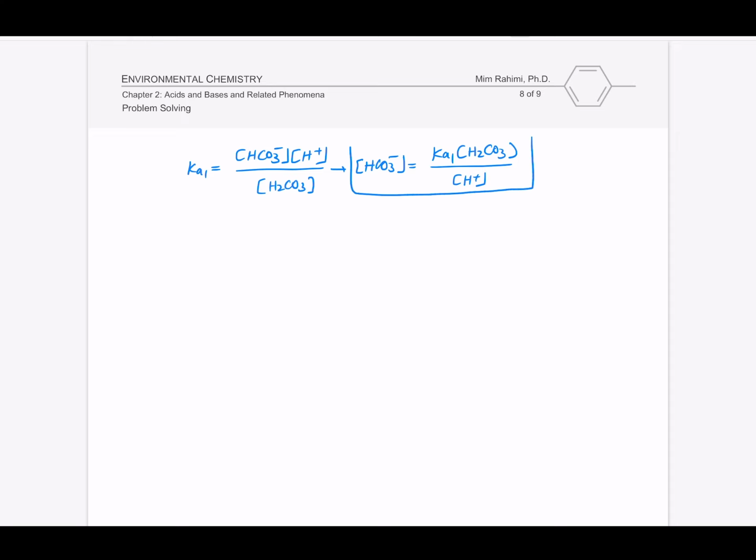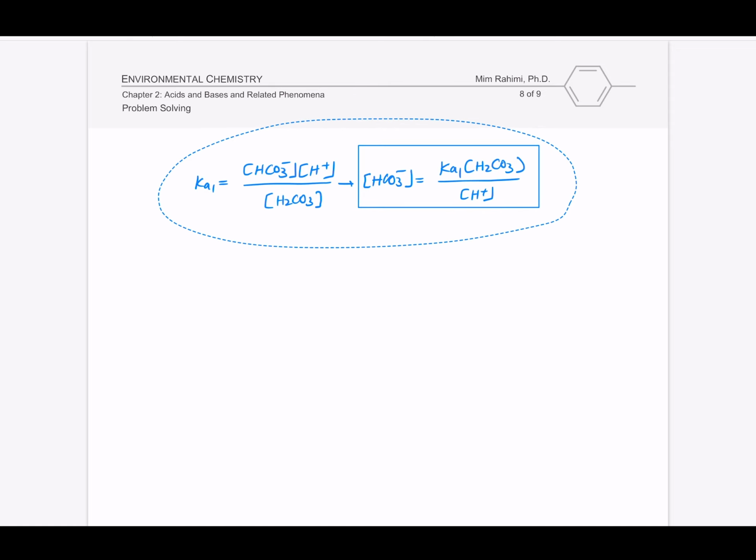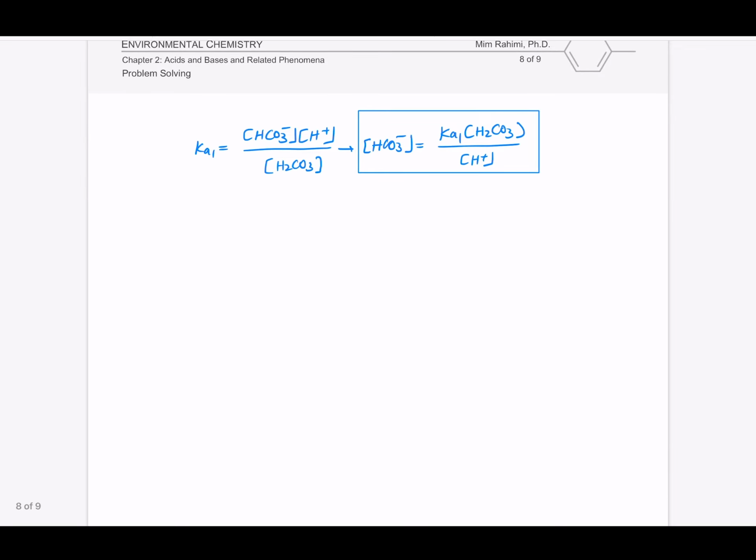If you want to make it more involved, you can expand this H2CO3 to the partial pressure, but up to here it would be enough. The second one would be Ka2, which is CO3 2 minus times H plus divided by the HCO3 minus that we just calculated.